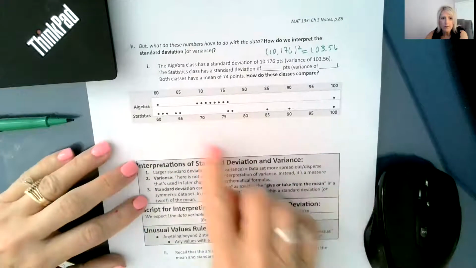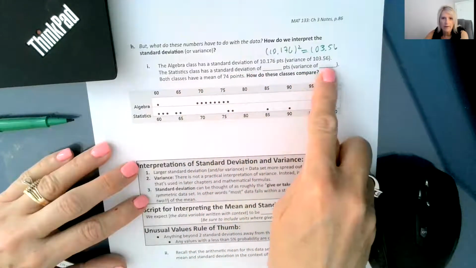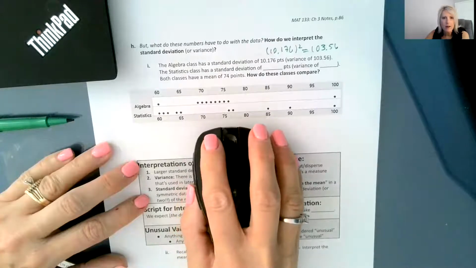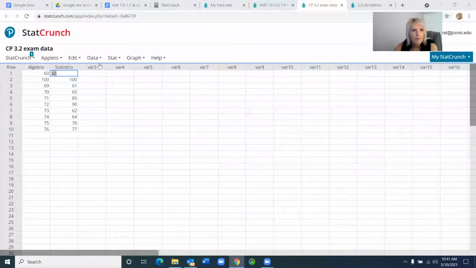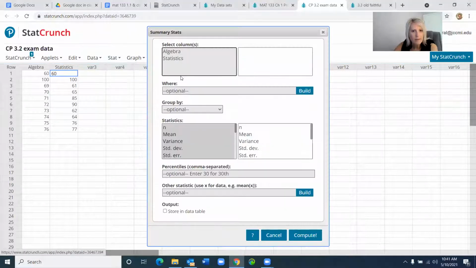But we're going to go to StatCrunch and we're going to calculate for the statistics class, the standard deviation and the variance. Okay. And they're samples, so I want to make sure I point that out, sample data. So we're going to statistics and summary stats and columns, and we're choosing statistics. And notice this is what we've chosen so far.